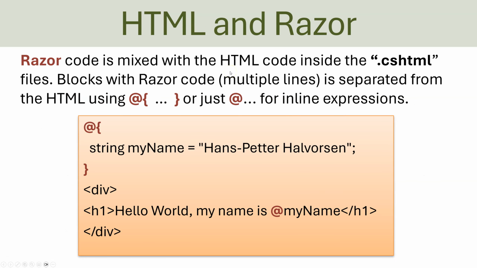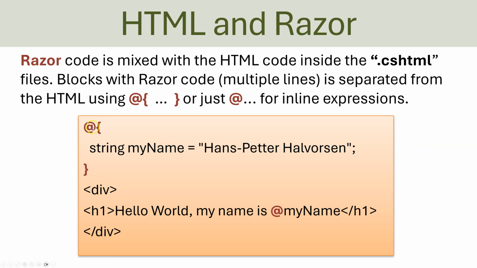Here you see how we can mix HTML and Razor syntax into this web page. So you use @ and this symbol to start the Razor code, and this symbol in order to end the Razor code.